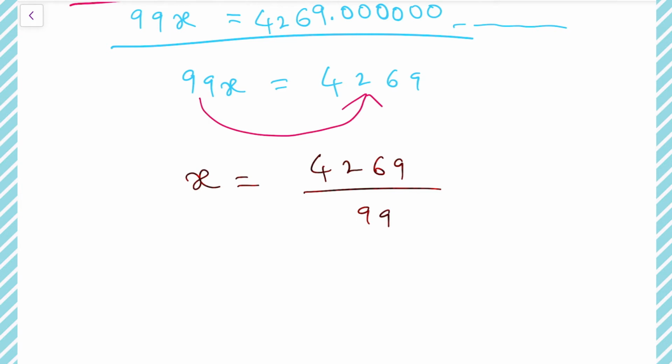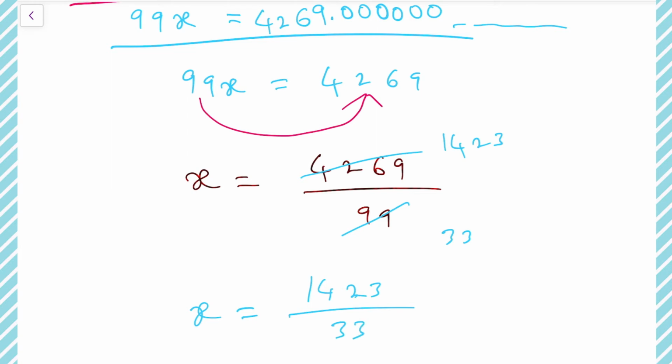Yes, it comes in the 3 table. 3 14s are 42, 3 23s are 69, divided by 3, and 33s are 99. That's it. So x value is equal to 1423 divided by 33. This is the p by q form of the given non-terminating repeating decimal.